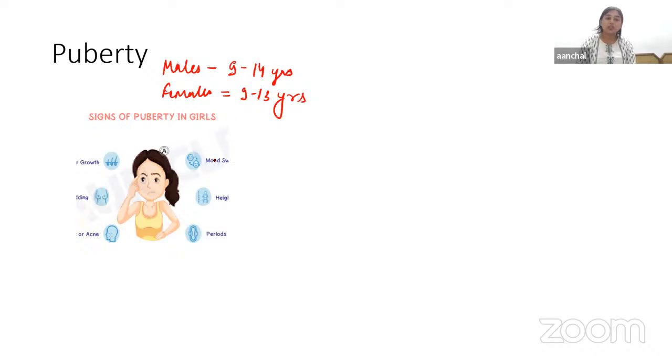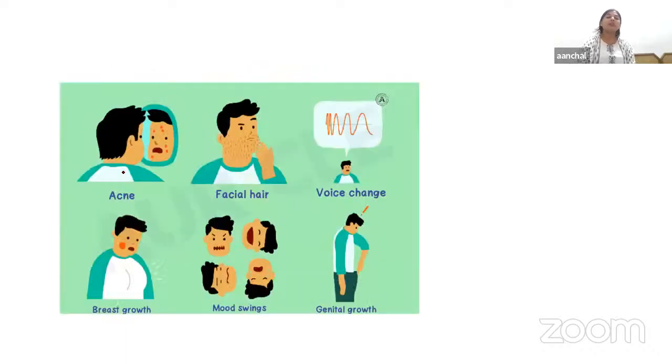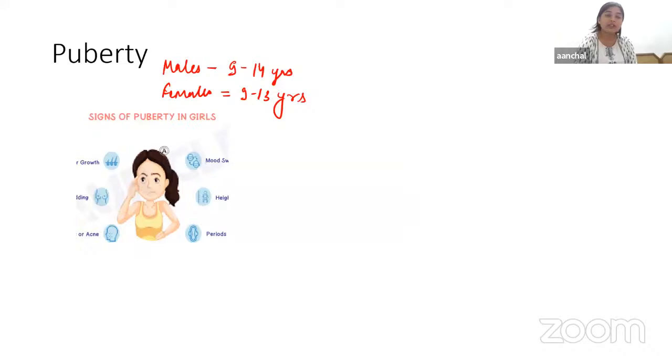Hair growth, breast development, acne, mood swings, height growth, periods: these are the signs of puberty in girls. Whereas in males, there is acne, facial hair, voice changes, genital growth, mood swings, and breast growth. Okay, so these are the various developments that take place at the time of puberty.